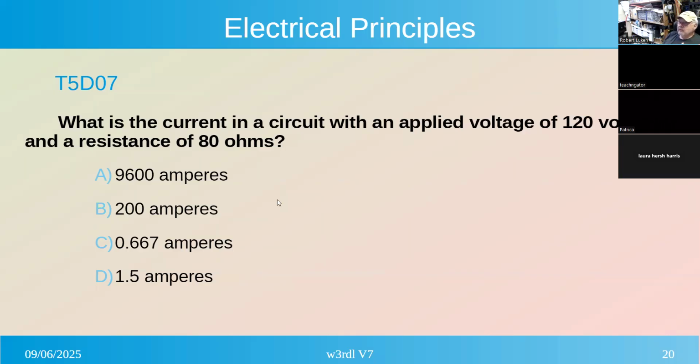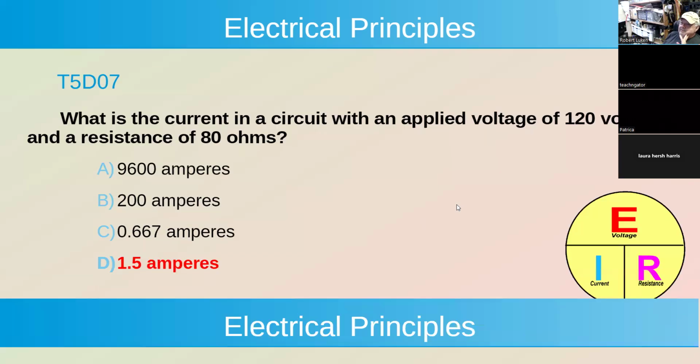So current is equal to voltage divided by resistance, right? So it would be 120 over 80. Reduce, reduce, reduce. Delta.